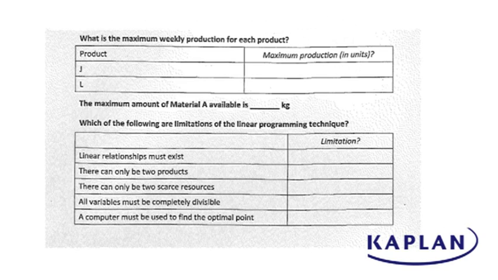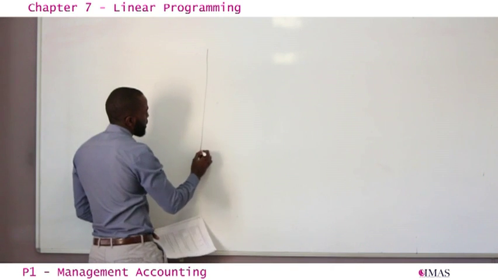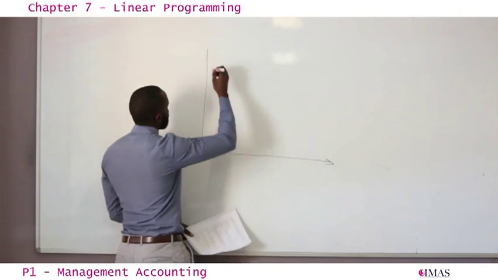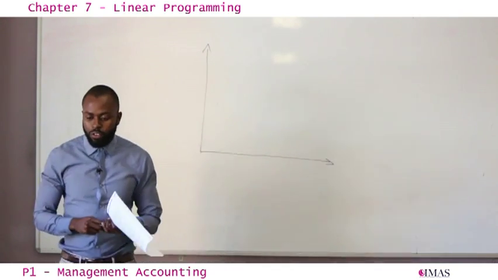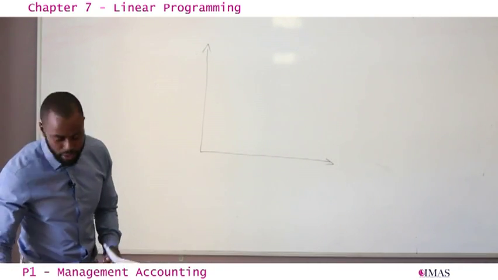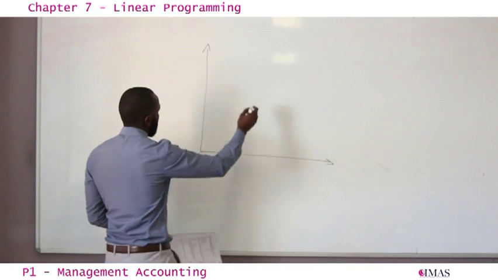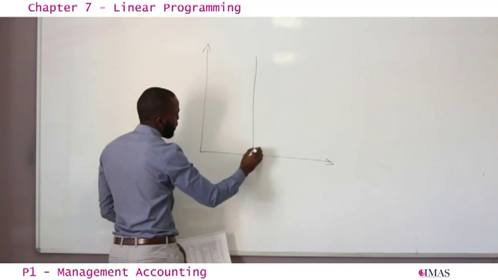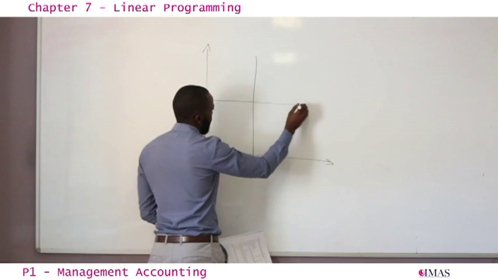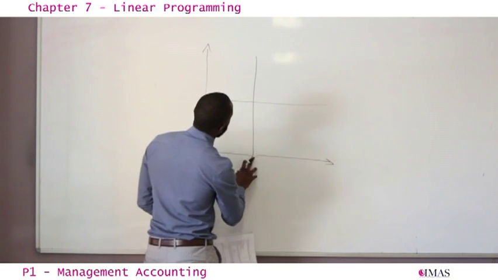It says, what is the maximum weekly production for each product? Already when I was doing the graph, I answered this part, but I'm just going to repeat. Whenever you look at linear programming and you have a graph, notice that in some cases you're going to have lines that are parallel to the x-axis and lines that are parallel to the y-axis.